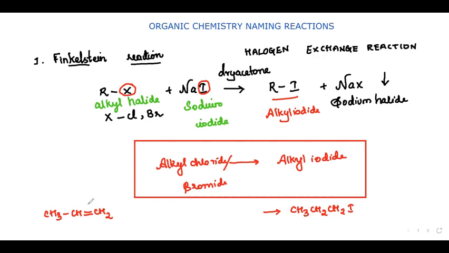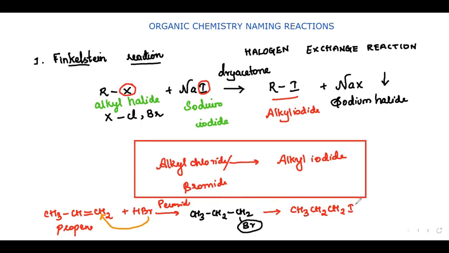For example, here I am taking propene. If it is treated with HBr in the presence of peroxide, what happens? The negative part of the adding molecule, this Br, will be added to the carbon with more number of hydrogens. So as a result, what I will get is CH3CH2CH2Br. Now I can easily convert this Br into I using sodium iodide. This entire reaction is called the Finkelstein reaction.